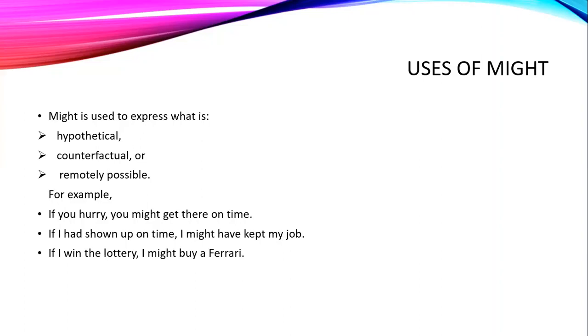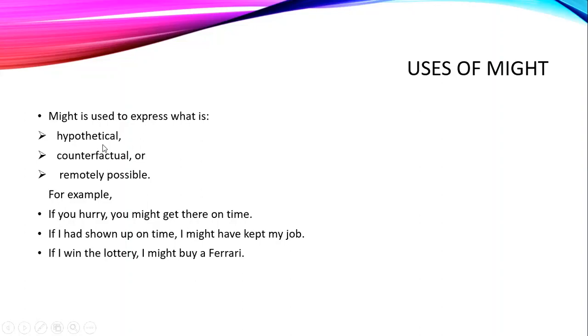If I win the lottery, I might buy a Ferrari car. So if I win the lottery, the speaker is hopeful that he might buy a Ferrari, but this hopefulness is hypothetical. Okay?